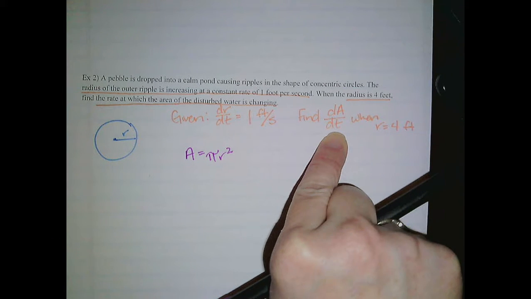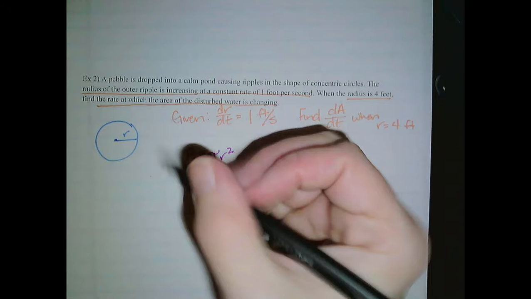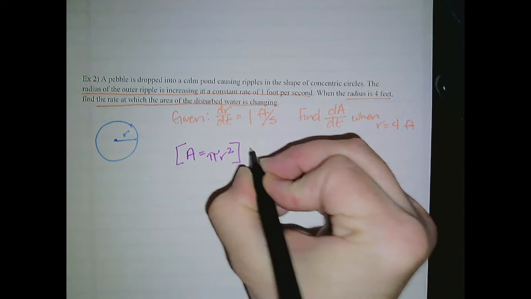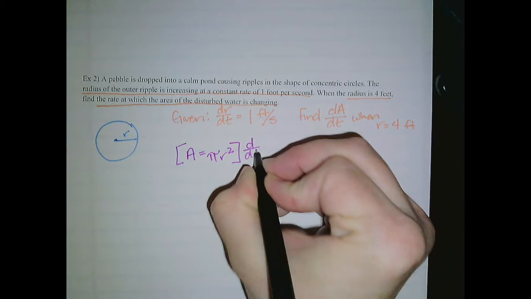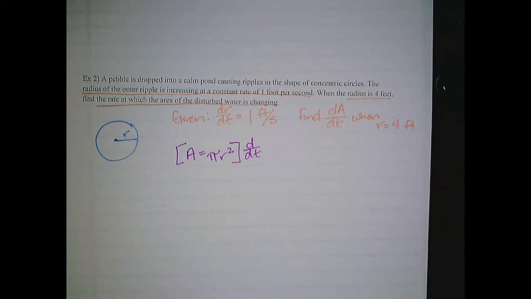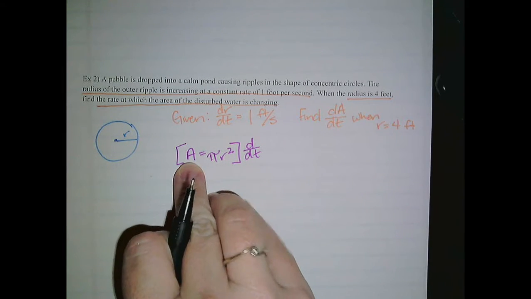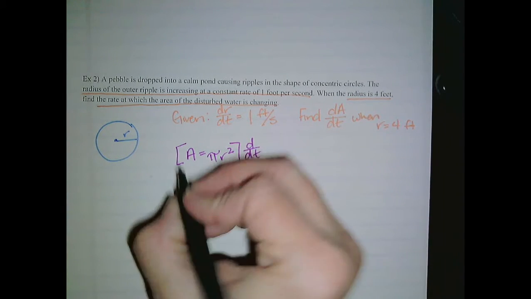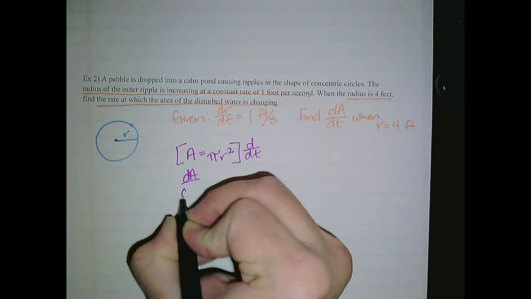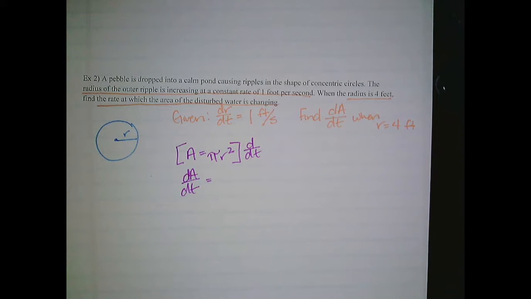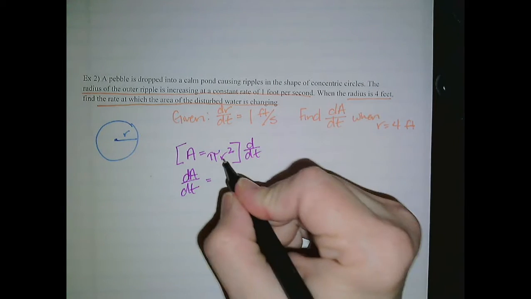So that means that I'm going to take the derivative of everything in this equation with respect to time. So when I do that, I have the rate of change of A with respect to t. Well, that would just be dA dt is equal to pi times the radius squared, and we're going to take the derivative of that with respect to t.